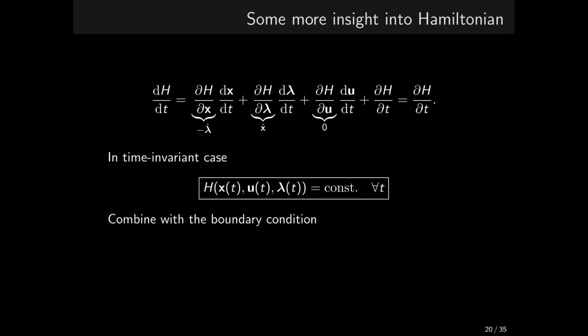Now we combine this striking result with what we have just learned about the final value of the Hamiltonian in the free final time case, and we conclude that the Hamiltonian is 0 all the time. This is a fundamental observation indeed. Some control design techniques exploit it heavily. We know that the Hamiltonian must be maximized, and we already know the maximum value.